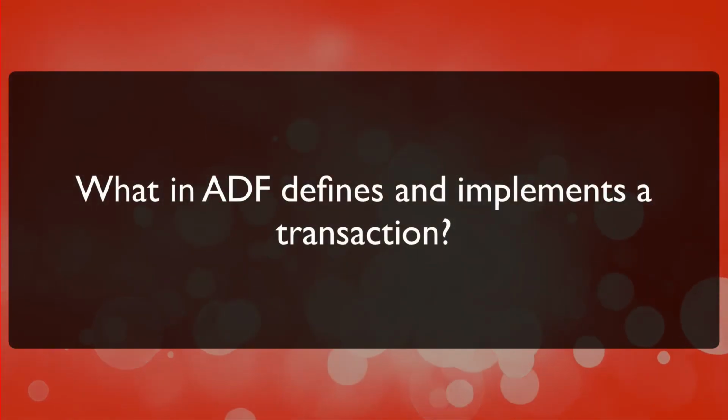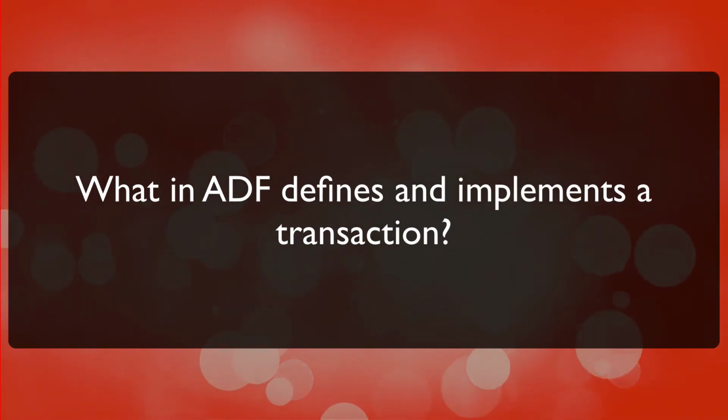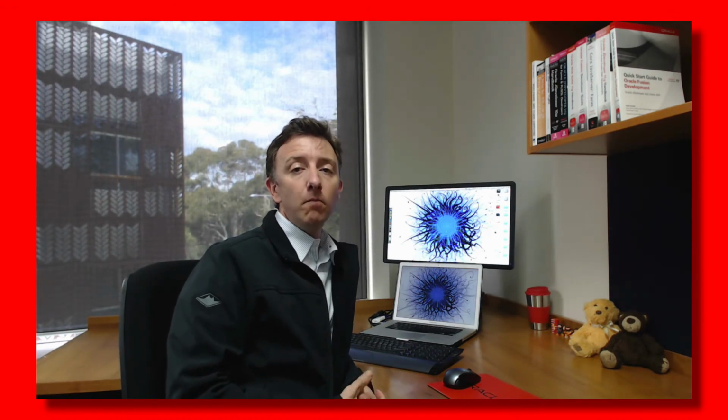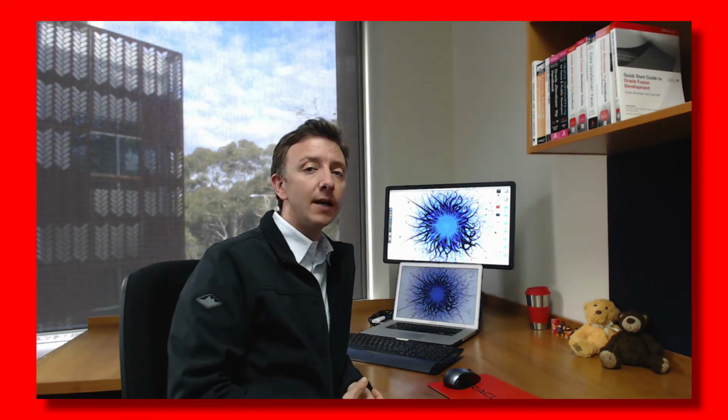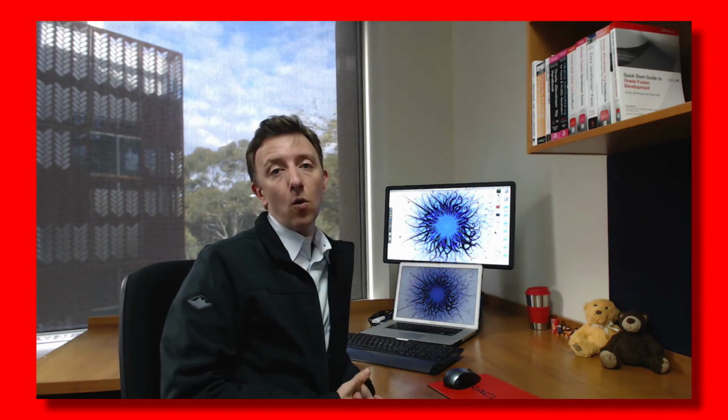This does raise, of course, the interesting question: what actually defines and implements transactions in ADF applications? Well, the simple answer is that it is the purpose and the responsibility of the data control. Most ADF programmers, even beginners, will be familiar with the data control because you would have used the ADF Business Components data control for interacting with the Oracle database or other ANSI SQL compliant databases out there.